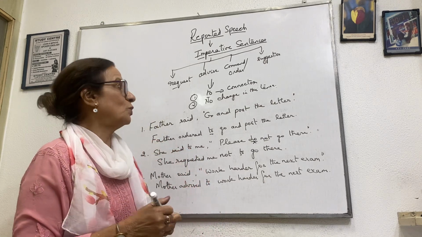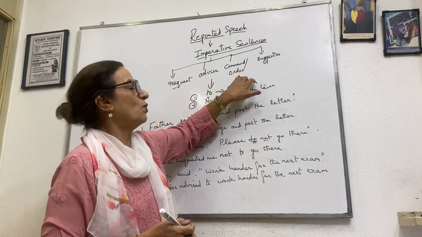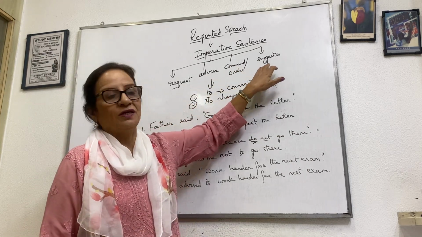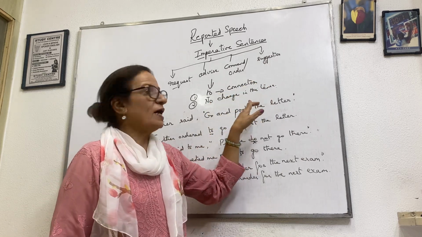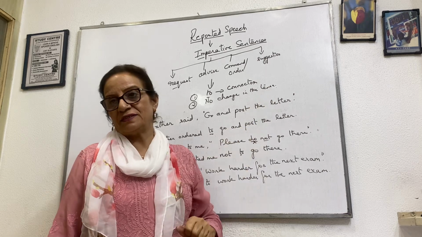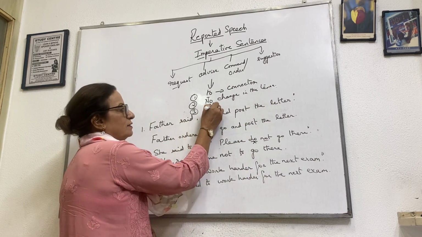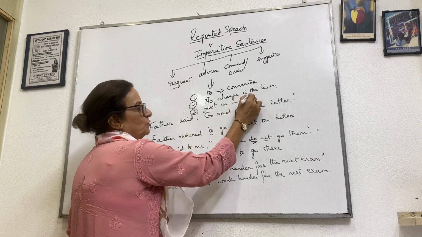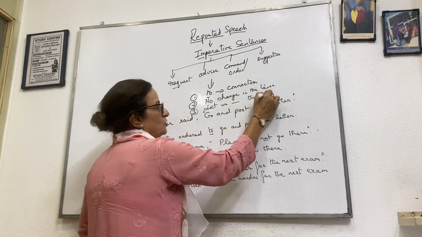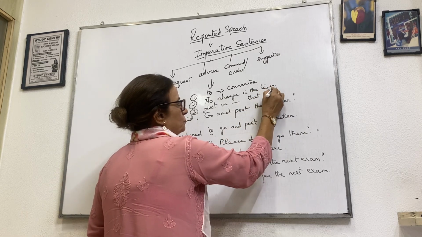Imperative sentences are those sentences which are a request, advice, command, order or a suggestion. The rules are, we use the connector "to" and there is no change in the tense. But if "let" is followed with "us", then we should use the connector "that" and "they should".